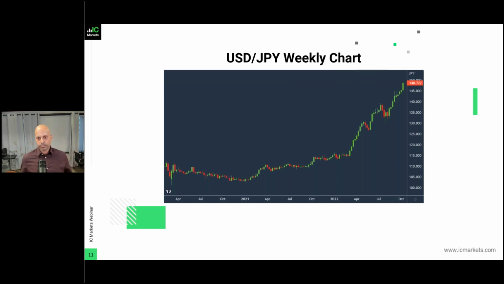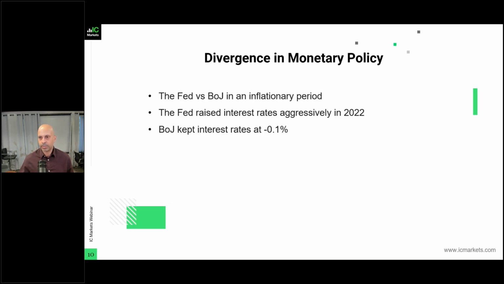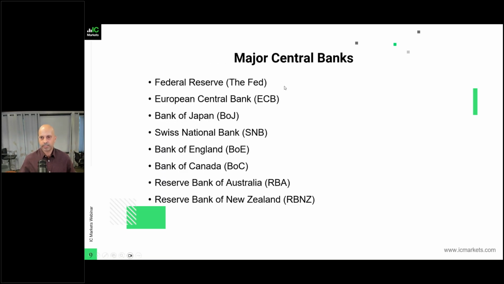So you look through the list of the major central banks, we don't need to go into full details of what they're actually doing for each central bank, but you just need to know whether they are raising rates aggressively, maintaining rates, cutting rates, or keeping rates low for an extended period of time.